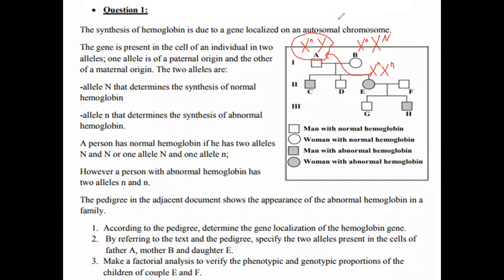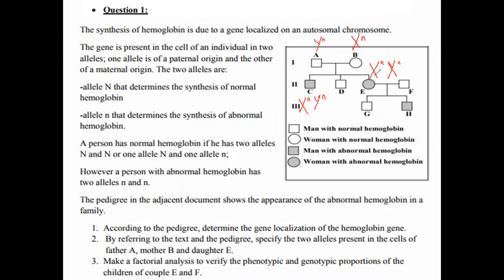Also, if it's located on the X and Y, this individual is affected, so it has X small, Y small, and this individual has X small, Y small. So in this pedigree, Y small for sure will be inherited from the father, and X small for individual C will be inherited from the mother.